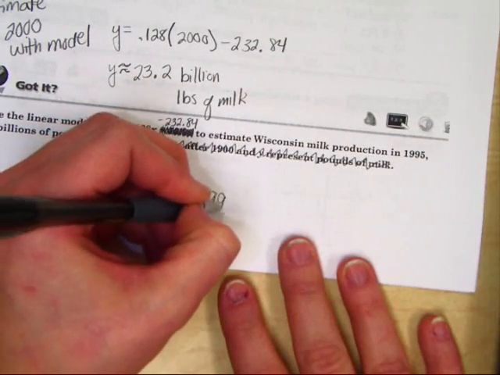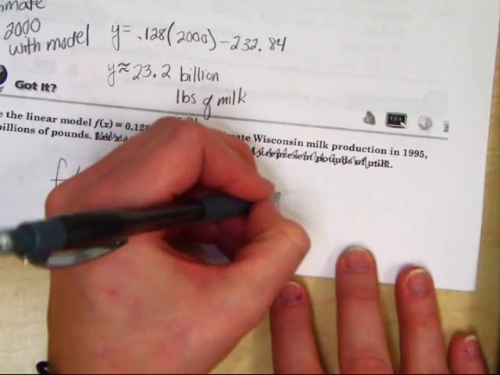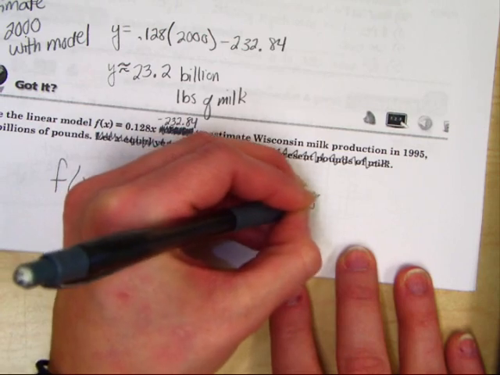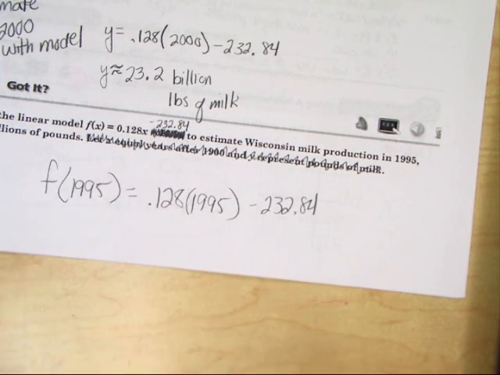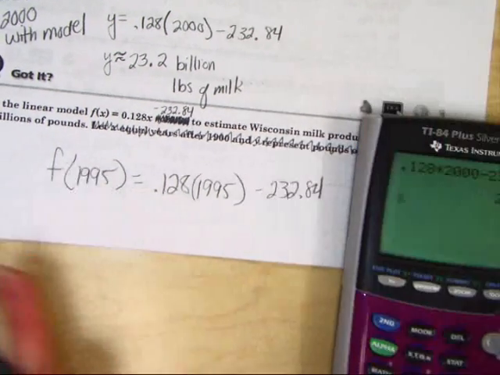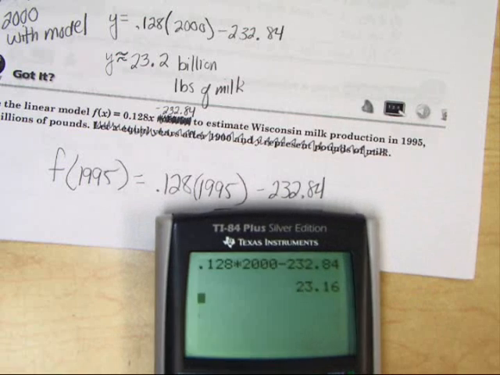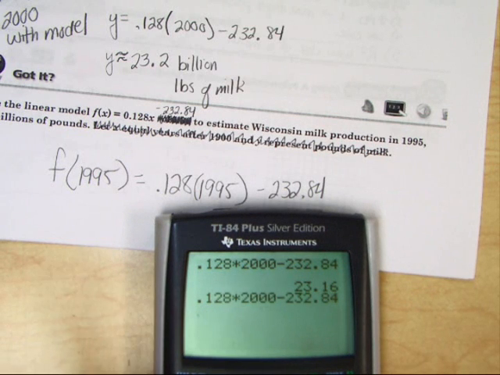It's pretty much exactly what we just did above. Minus 232.84. Again, if you're wondering why I crossed that off, it's just because it confuses people. We'll just plug in the actual years instead of changing things around. So instead of plugging in 2000 this time, they want us to plug in 1995.